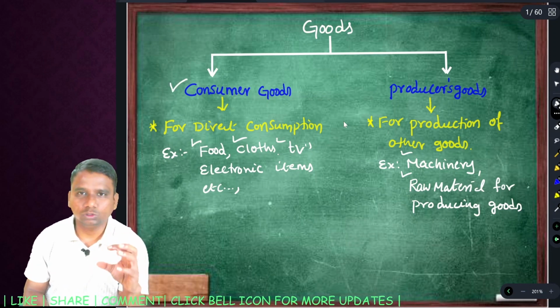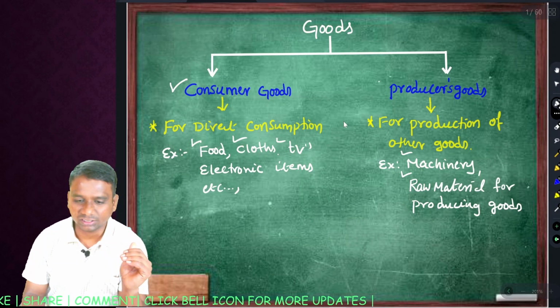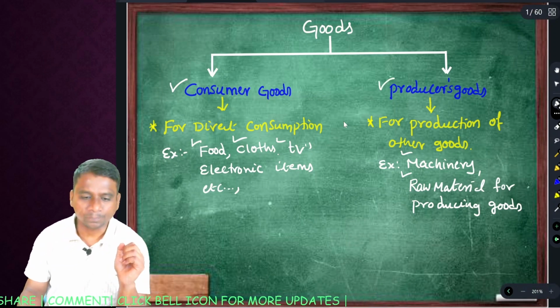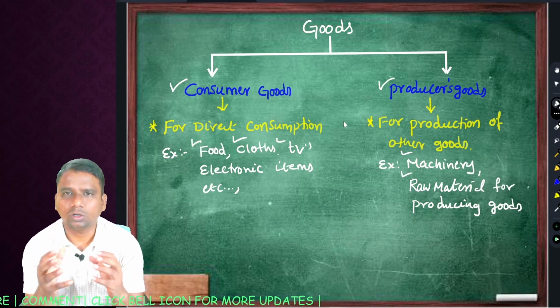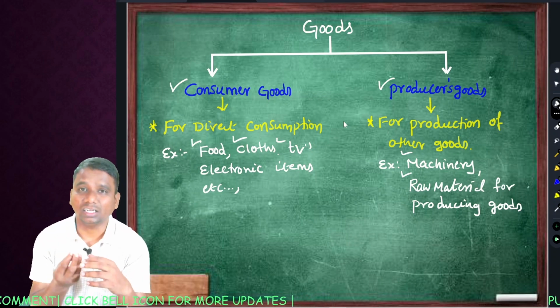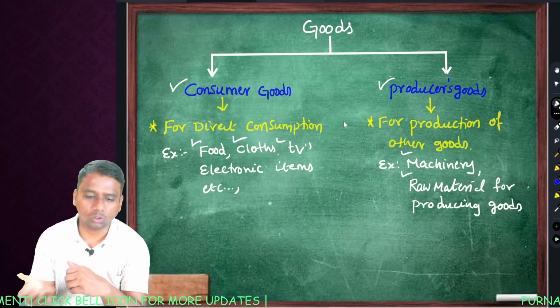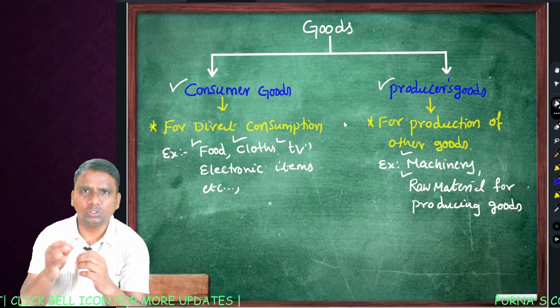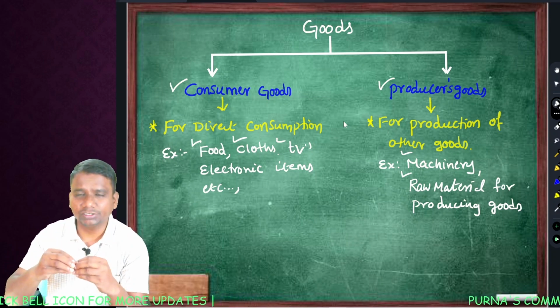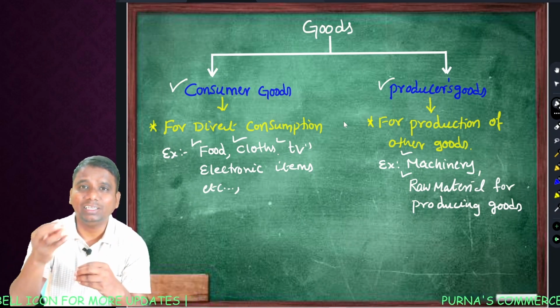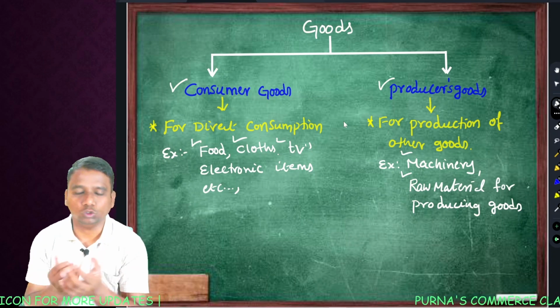We can divide goods into consumer goods and producer goods. Consumer goods means we can directly consume them. Examples: food, clothes, TVs, electronic items. To put it simply, these are finished units which can be directly used by the consumer.